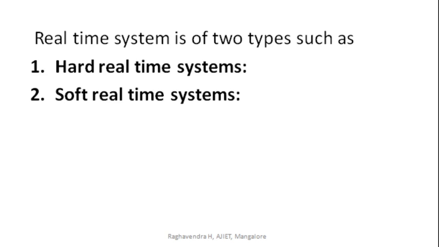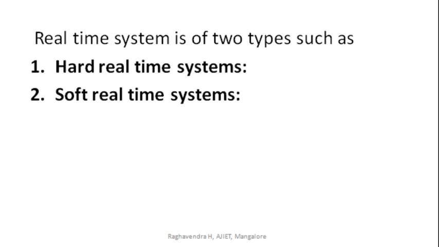So both hard real-time system and soft real-time system should respond immediately to the input. But in the hard real-time system, it should immediately respond, otherwise it is going to spoil things.